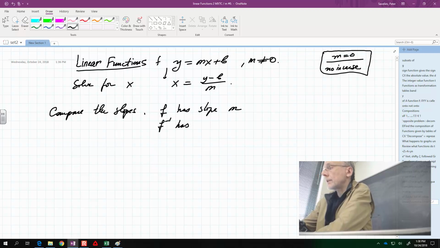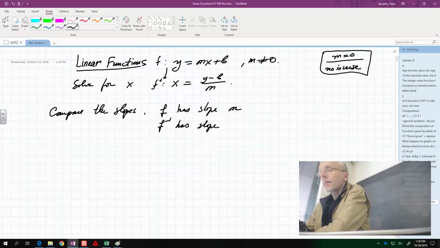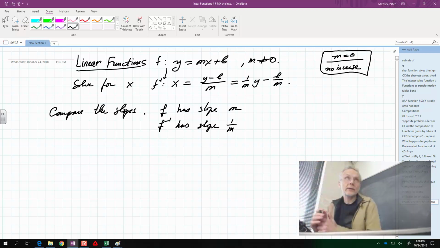So once again, this is f inverse. What's the slope of f inverse? Not the inverse, but the reciprocal. Yes. So indeed it is 1 over m, (y minus b) over m, and indeed if you just look at the coefficient of y, it is the slope.